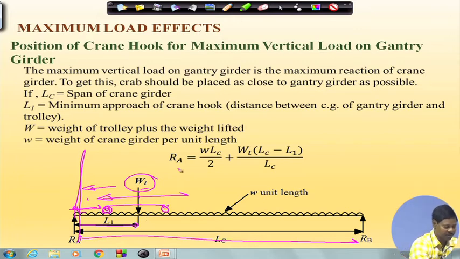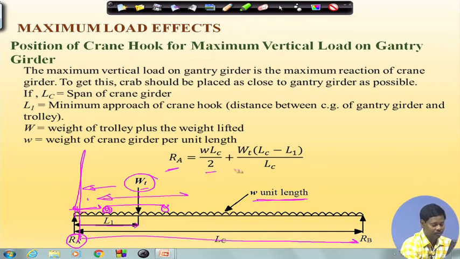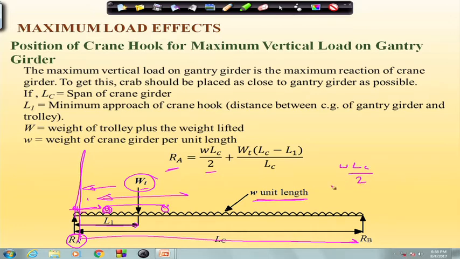So, maximum effect means R, the reaction force, will be the maximum when, if W is the unit weight per length, then R A due to this W is W L C by 2, where L C is the length of the crane, the span of the crane girder. So, one will be W L C by 2, because the uniformly distributed load is W.